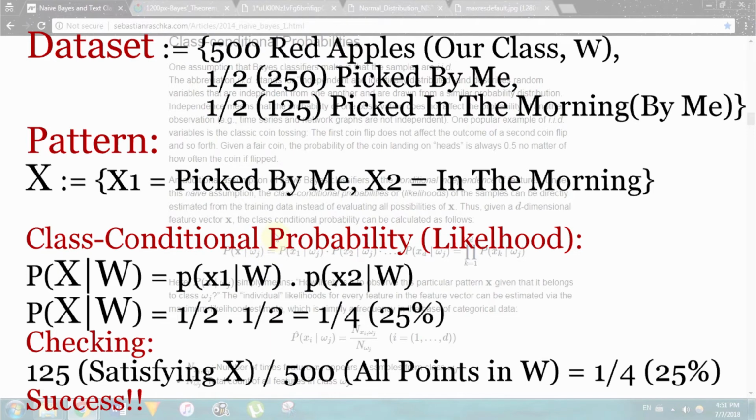And if we think about it, that is exactly true. We have 500 apples, I picked half of them, which is 250, and I picked half of them in the morning, which is 125. 125 divided by 500 is exactly 25%.